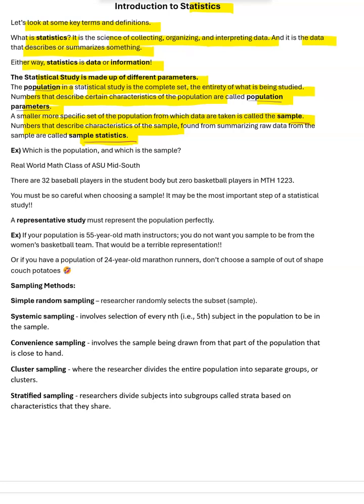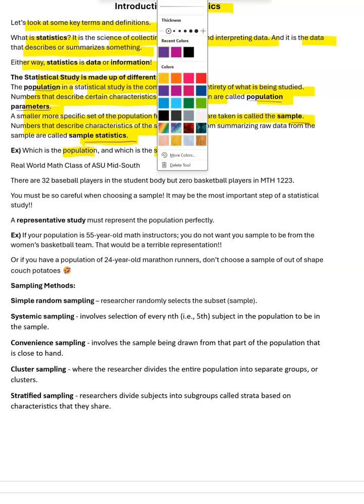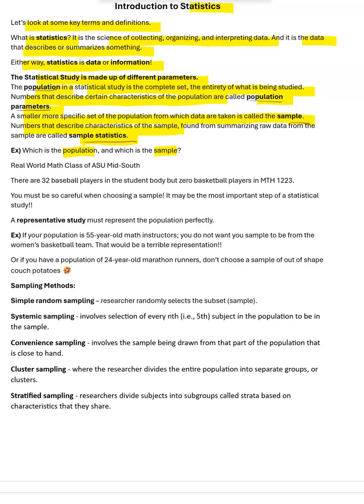Okay, so we're going to look at this next little example that I made up for you guys. We want to know which is the population and which is the sample. What we're looking at is the real world math class of the ASU Mid-South campus, and the student body. Which would be our population?